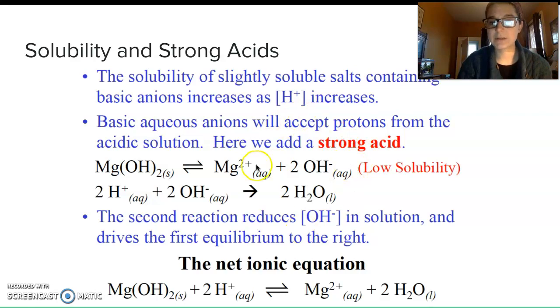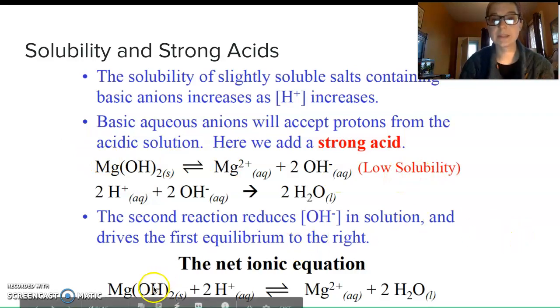If we decrease this concentration, according to Le Chatelier's principle that we talked about, the equilibrium will then shift to the right to produce more products. That means that the solid is going into aqueous ions more. So it would then increase the solubility by shifting that equilibrium.